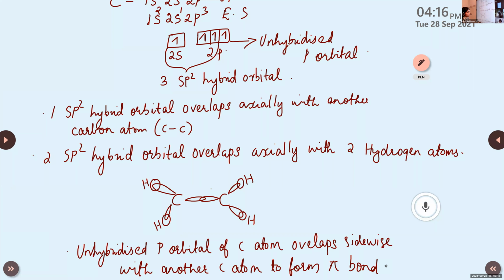Okay, to form pi bond. Clear? Unhybridized p orbital of carbon atom overlaps sidewise with another carbon atom to form pi bond.